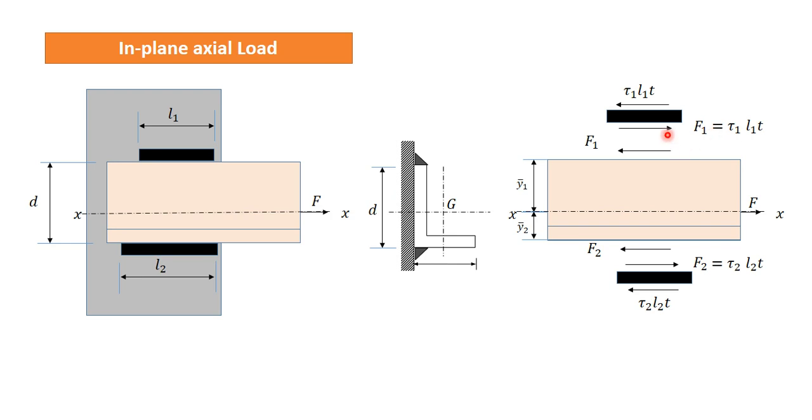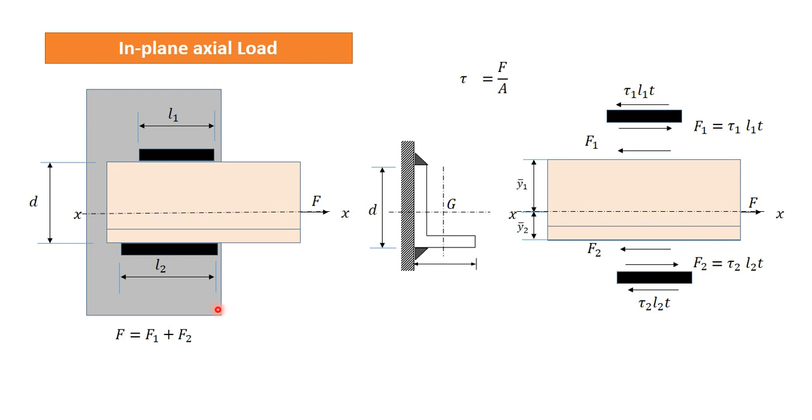So it is clear that we have this type of forces acting on the weld and the member. We have to design the weld, so we consider F1 here and F2 here for this weld, and F1 for this weld.